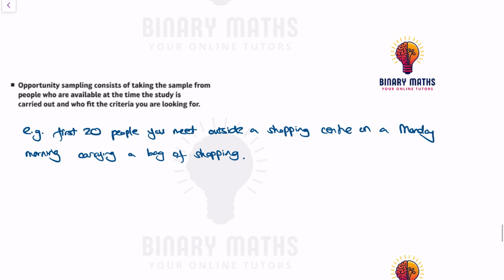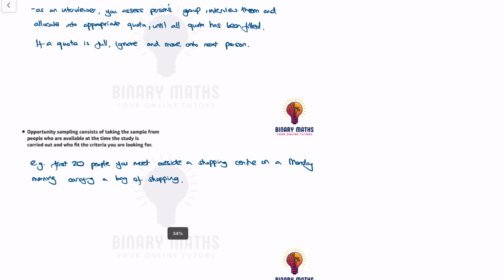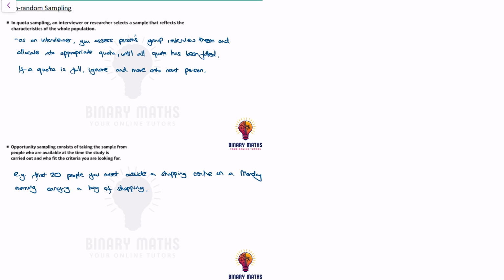Okay, but this will obviously introduce bias because I'm standing at a specific shopping center at a specific hour on a specific day, so it does affect obviously the results that I will get.